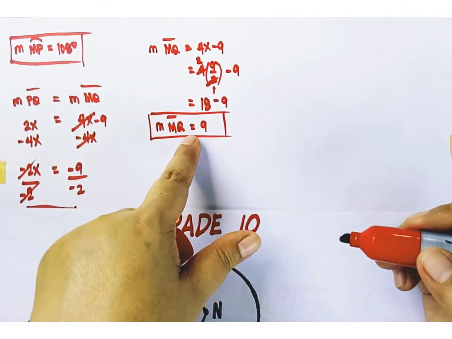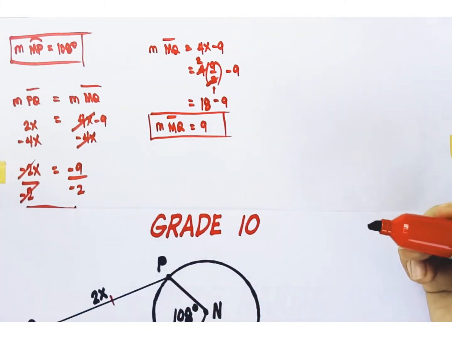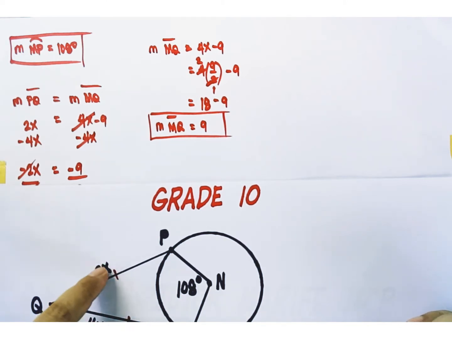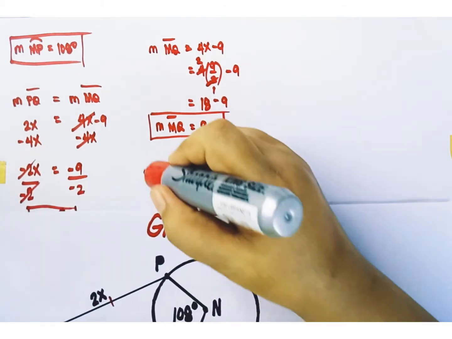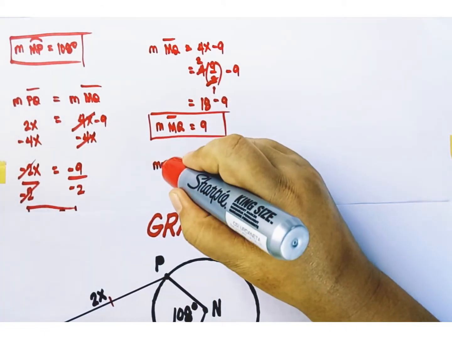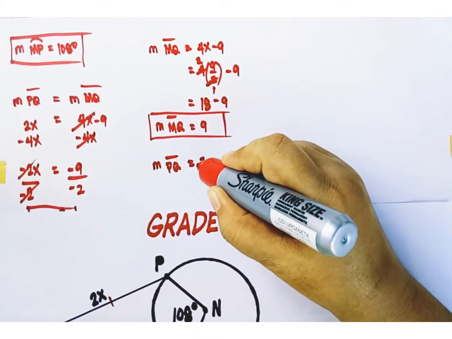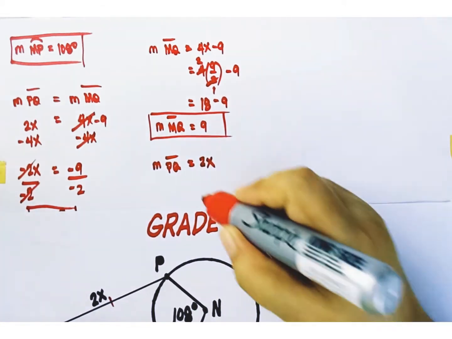We can validate our answer by finding the measure of the other tangent segment. It should also be equal to 9 because the two tangent segments are equal in length. Okay, so let's solve for the tangent segment PQ. Measure of tangent segment PQ is represented as 2x.